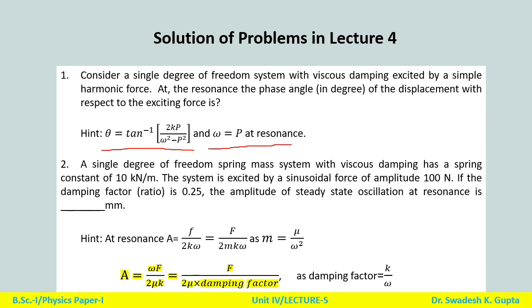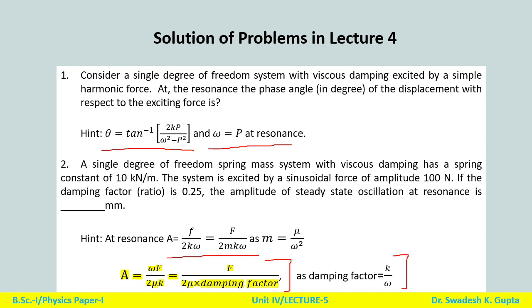Now coming to the second question, the amplitude at resonance we can get by solving this equation, as I have already told in the last lecture. Here the one term, the damping factor, is given by k by omega, and when we put everything, the final equation which you have to use is this one, where A is equal to F upon 2 mu into the damping factor.